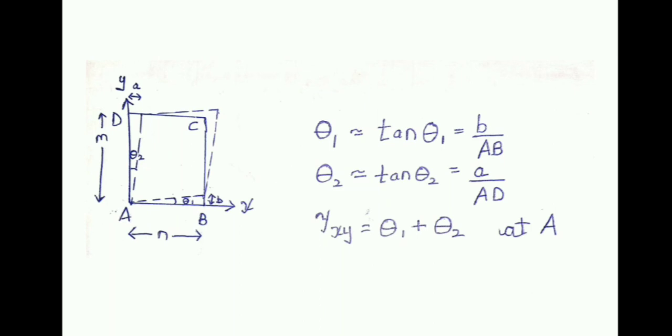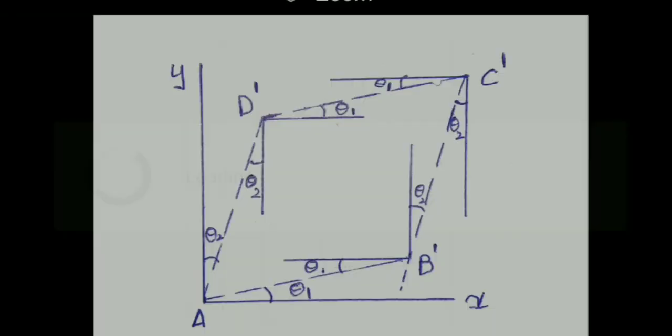Add both the thetas, because at point A both the thetas are contributing. Do not forget this. Don't only say that theta 1 is your shear strain or theta 2 is, but the addition of both the angles, because the line segments have changed by theta 1 plus theta 2. So your answer would be theta 1 plus theta 2. Okay, moving on.